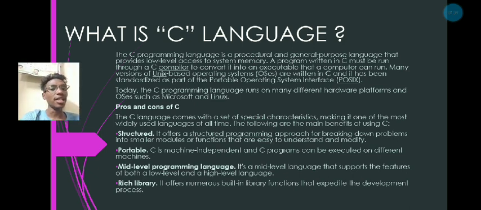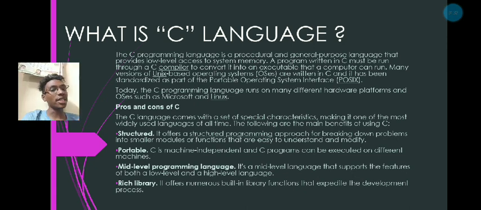First one is structured. It offers a structured programming approach for breaking down problems into smaller modules or functions that are easy to understand and modify. Portable: C is machine independent and C programs can be executed on different machines. Middle level programming language: it supports the features of both low level and high level.